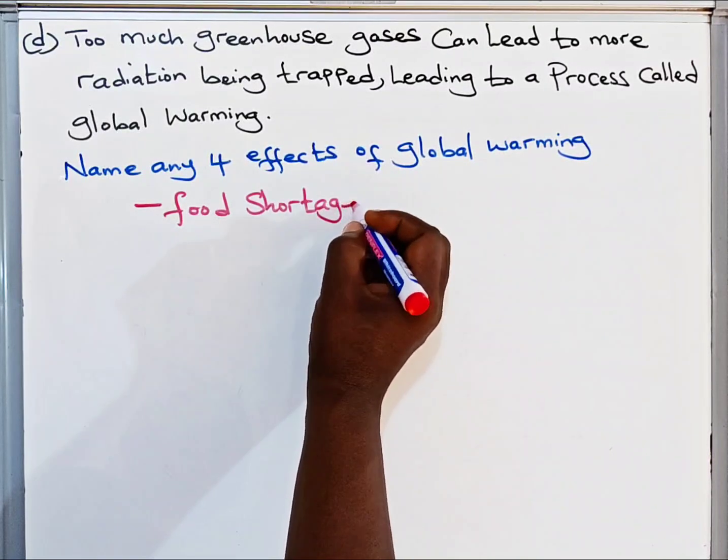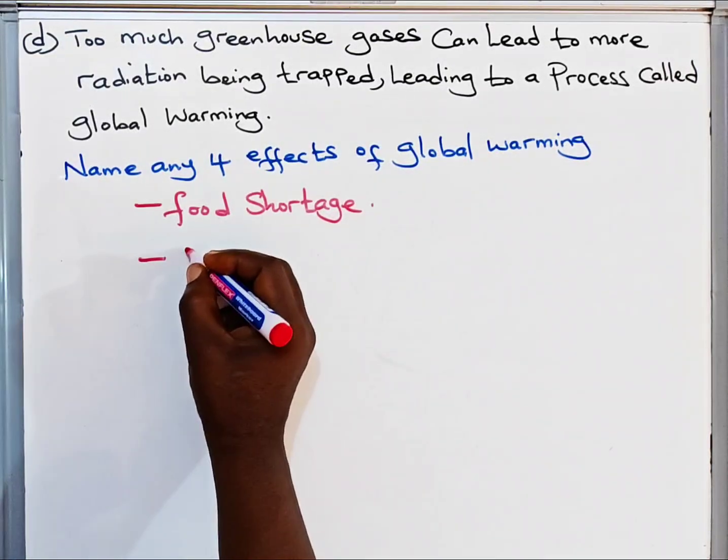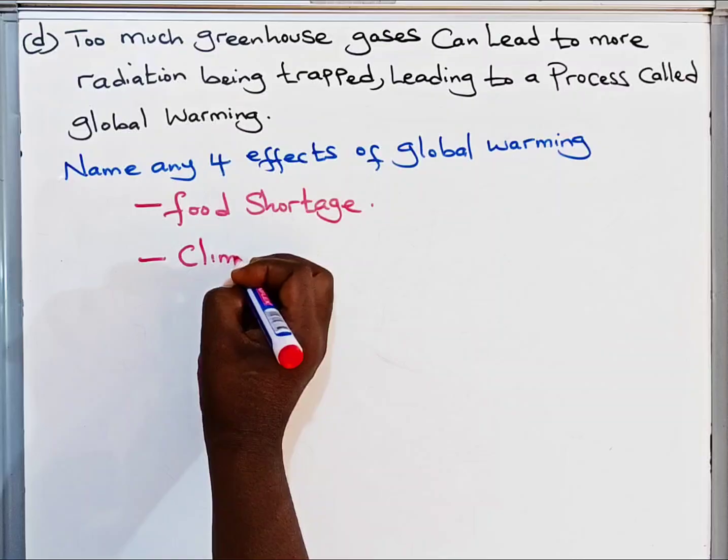We have to know that it's the suitable environment which facilitates the growth of plants. So extreme environments do not favor growth of plants, leading to a shortage of food. The next one is climatic change.